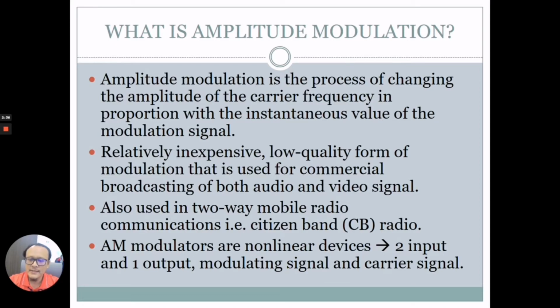Basically it is used in two-way mobile radio communication, for example, citizen band CB radio and amateur radio. An AM modulator is a non-linear device with 2 inputs and 1 output. The 2 inputs are the modulating signal or baseband signal, and the carrier signal, and the output is the combination of both signals. We call it the amplitude modulation signal.